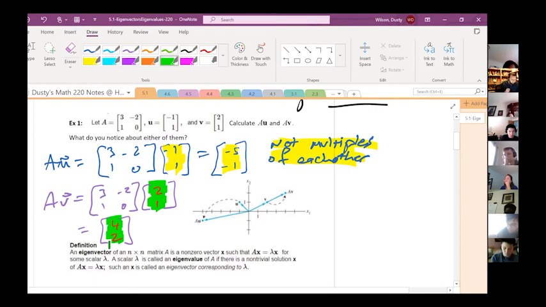And so what do you notice about the relationship between the two green vectors? Yeah, specifically the output is double the input, or they're scalar multiples.